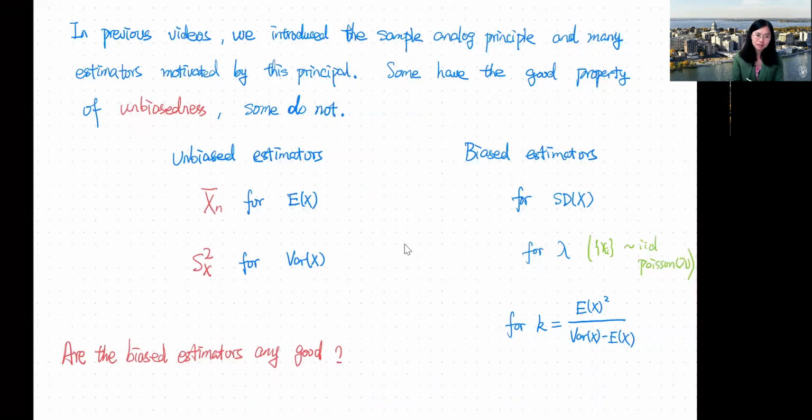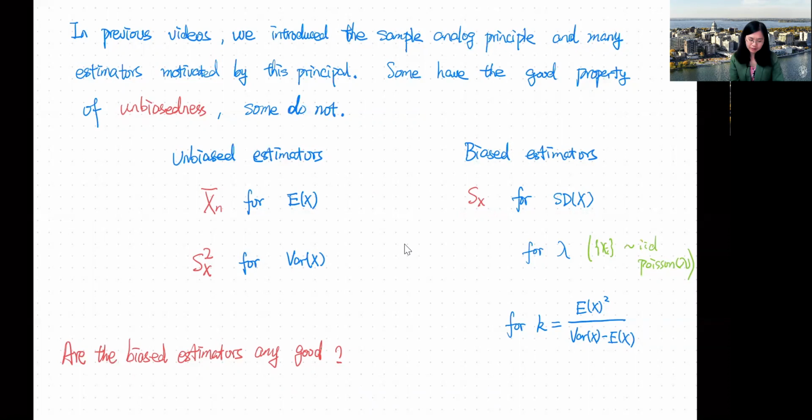These estimators are unbiased. Well, we also introduced some estimators motivated by the sample analog principle which are biased. For example, Sx, which is the square root of Sx squared, is a sample analog estimator for the standard deviation of x. It's a pretty reasonable estimator, but it is not unbiased.